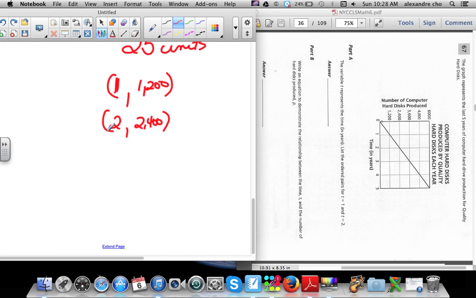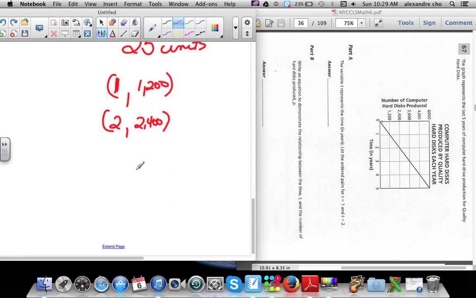Write an equation to demonstrate the relationship between time and the number of hard disks produced, P. Well, remember who is your dependent and independent? T or P, the time or the production here. Does the time depend on the number, or does the number of hard disks depend on the time? Well, the number of hard disks depends on the time.